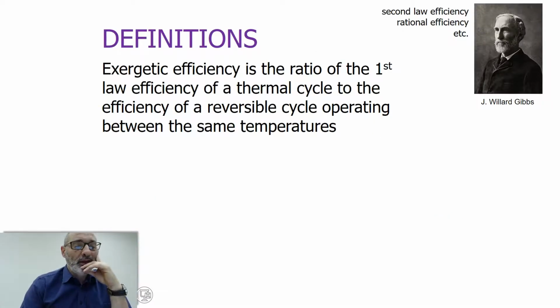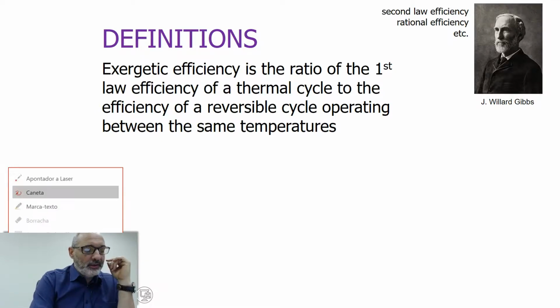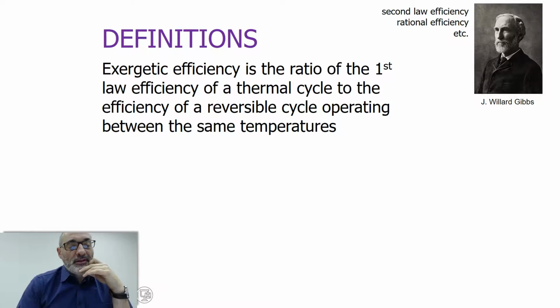Another interesting aspect that we can see now is the definition of what we call second law efficiency, which also has other names: rational efficiency, exergetic efficiency, and so on.